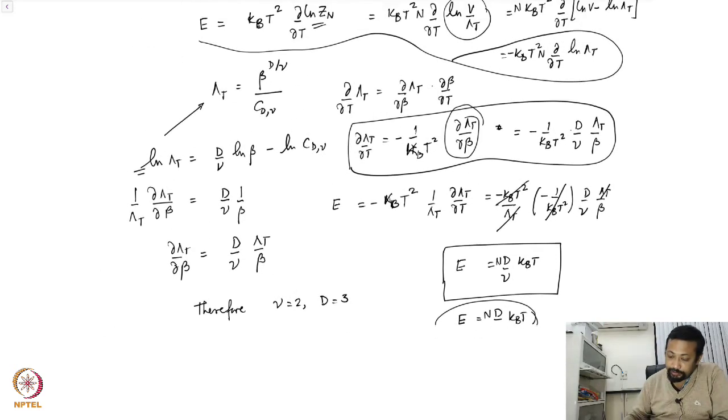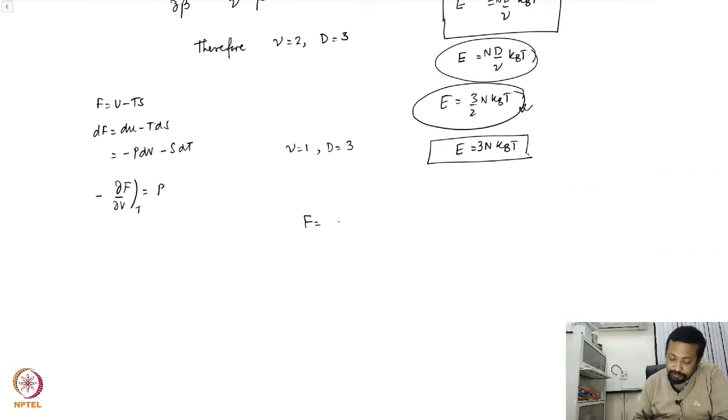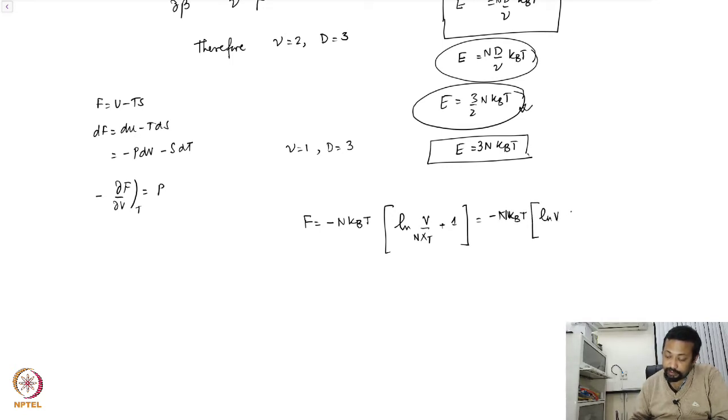Let's look at the expression for F. F had this very nice expression: minus nkBT times ln of V over n lambda_T, plus 1, which means I can explicitly write it down as ln V minus ln n minus ln lambda_T plus 1.